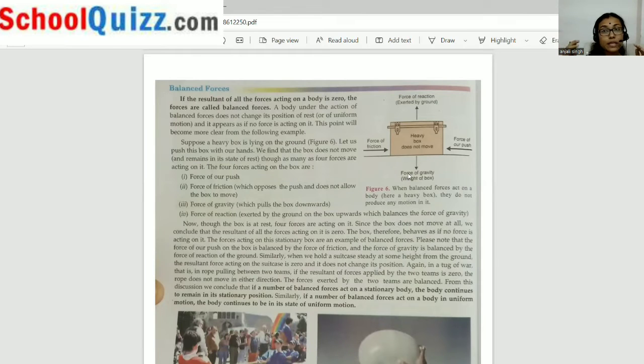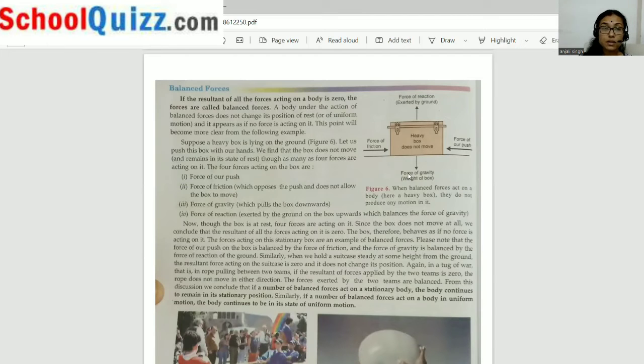So when they both are equal, this heavy box does not move. I think in your houses, like one big box is there, like the divan, king size bed. It is not moving. Why? Because the force of friction and the force of our push is always equal.